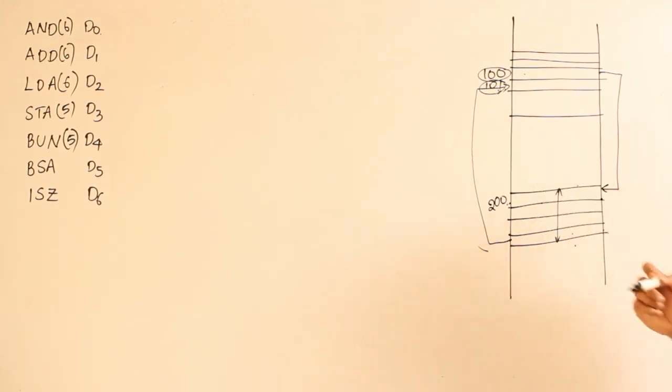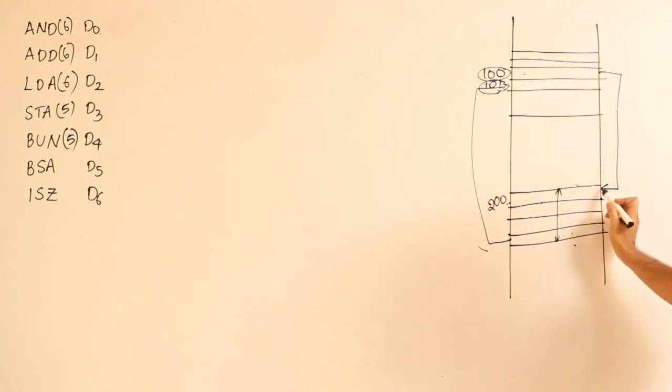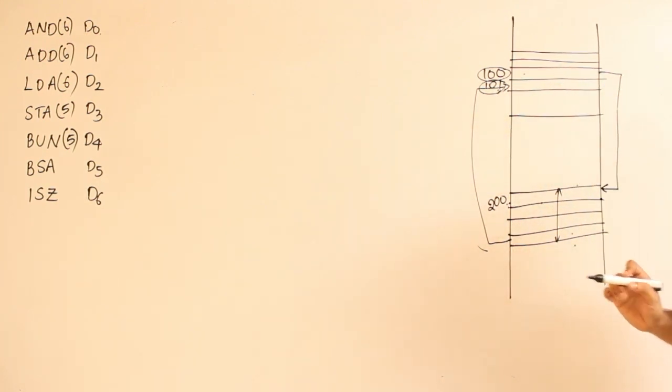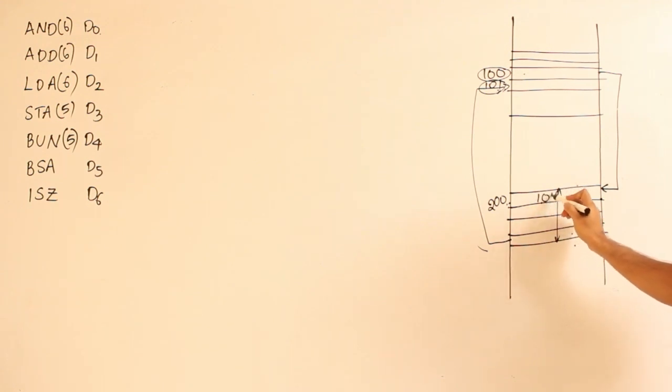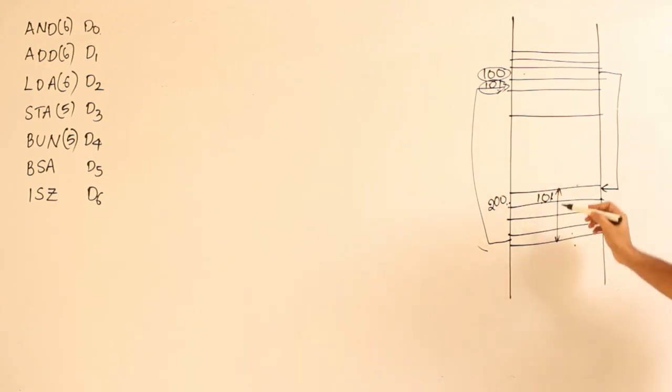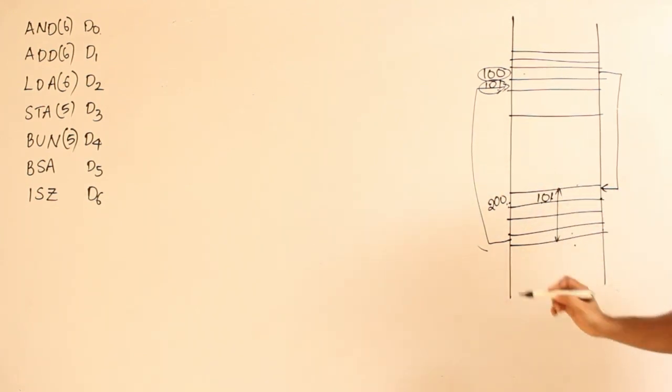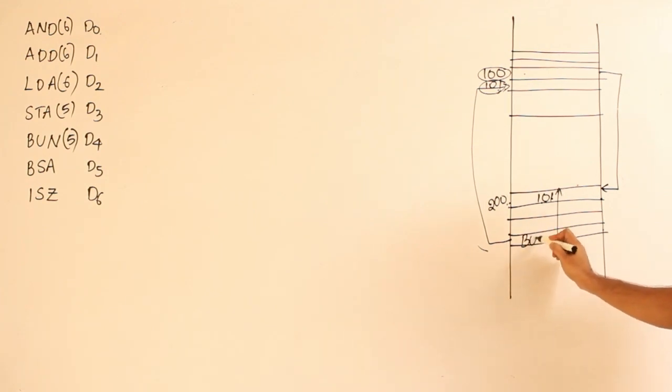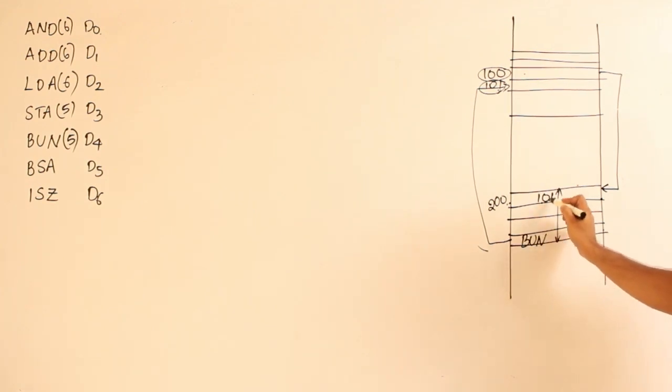So therefore this instruction, branch and save return address, before branching should save the return address 101 here, right? And then it should go to 200, and after execution the last one should be an unconditional branch to where? To 101.